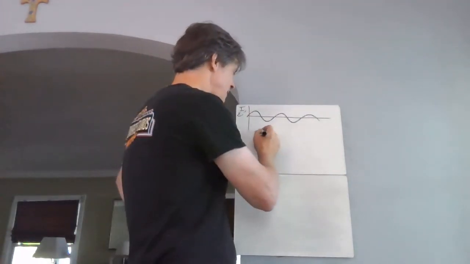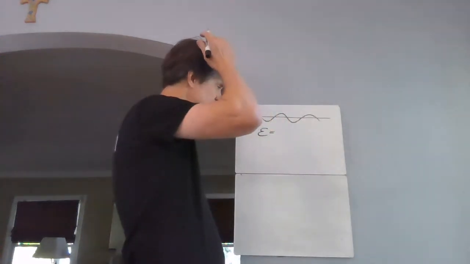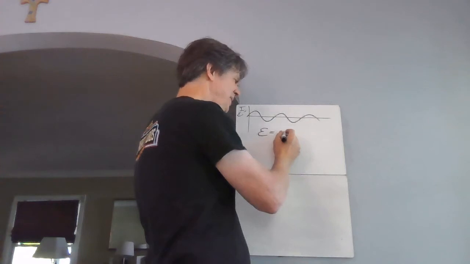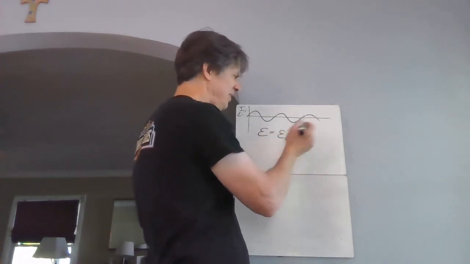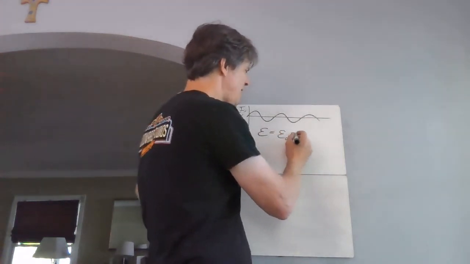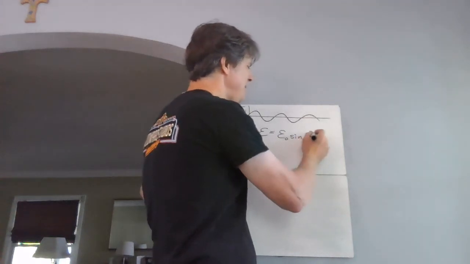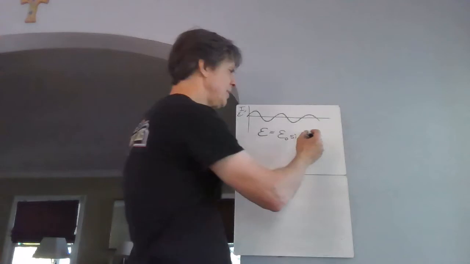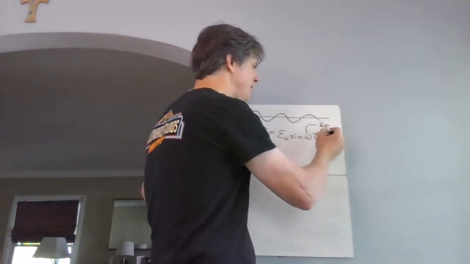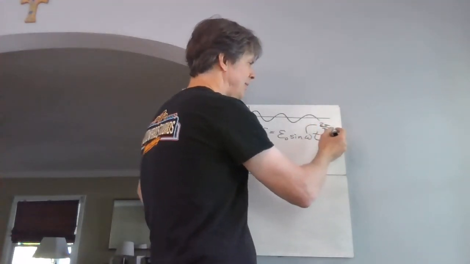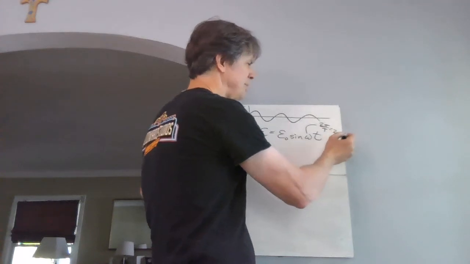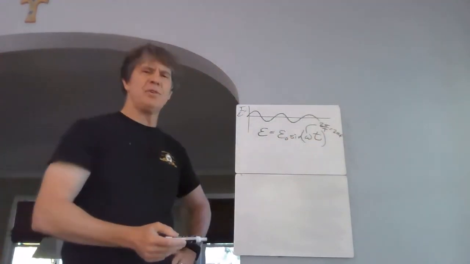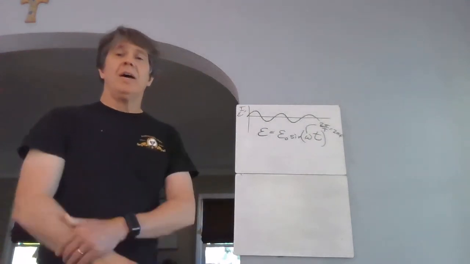In other words, E is not just some fixed value. You could call it E naught, the amplitude, times the sine of omega t, where omega is the angular frequency. That's actually 2 pi over the period, or 2 pi times the frequency. It's the same thing. That's in parentheses. This is the kind of electricity we really use.